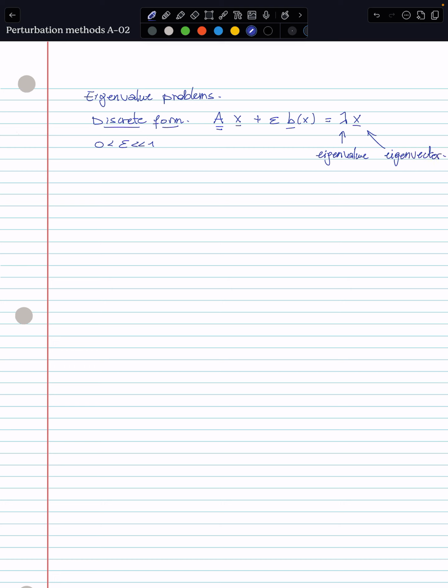So we do recognize, of course, that in the unperturbed problem, Ax is equal to lambda times x, which is indeed something that takes the form of a standard or usual eigenvalue problem.